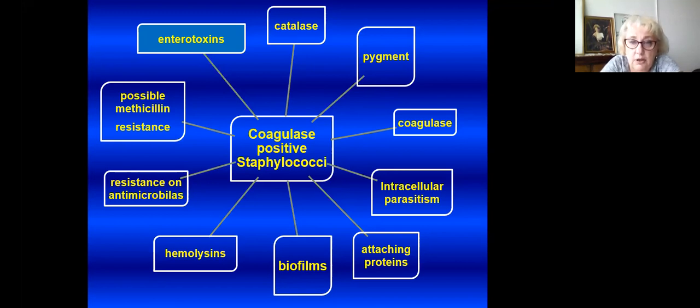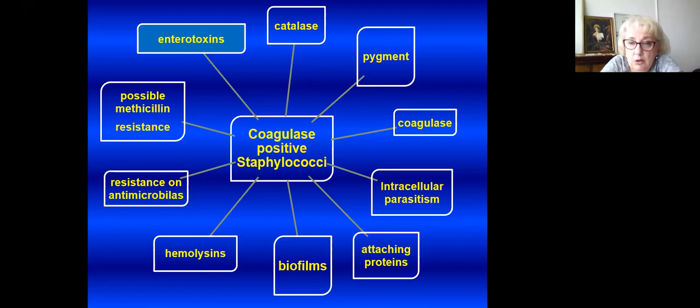Coagulase, especially intracellular parasitism, lets them live in neutrophils, but also in mastitic milk cells, and persist for a long time.